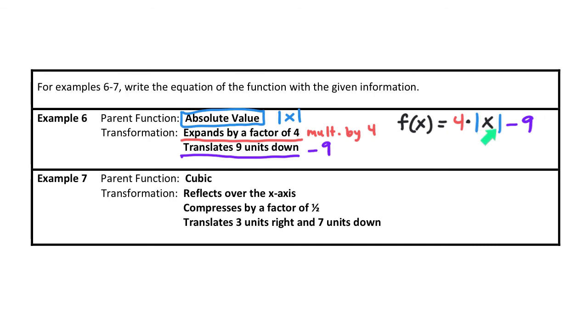So we have the absolute value function. It's being multiplied by 4 because it says it expands by a factor of 4, and it's translating 9 units down, so minus 9. So my final answer without any colors on it is 4 absolute value of x minus 9. Again, I'm just color coding so you can kind of see where I'm getting the pieces from.